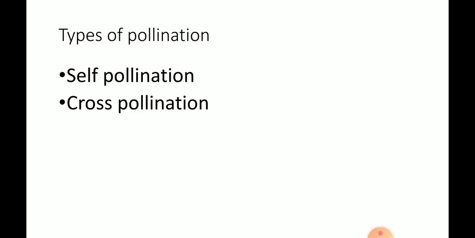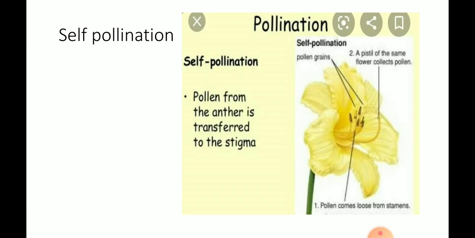There are mainly two types of pollination: self-pollination and cross-pollination. First one, self-pollination. What is self-pollination? The transfer of pollen grains from the anther of a flower to the stigma of the same flower or another flower on the same plant is called self-pollination.